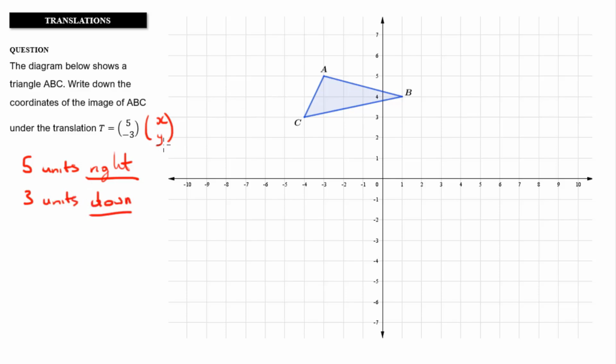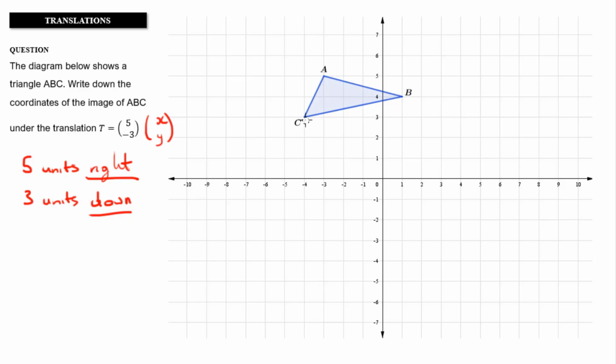So we're going to move the image 5 units to the right and 3 units down. And remember, we observed before that when we move the image, all the points are moving by the same vector. So that's one way I can do it. I can simply move all of these points in this direction.